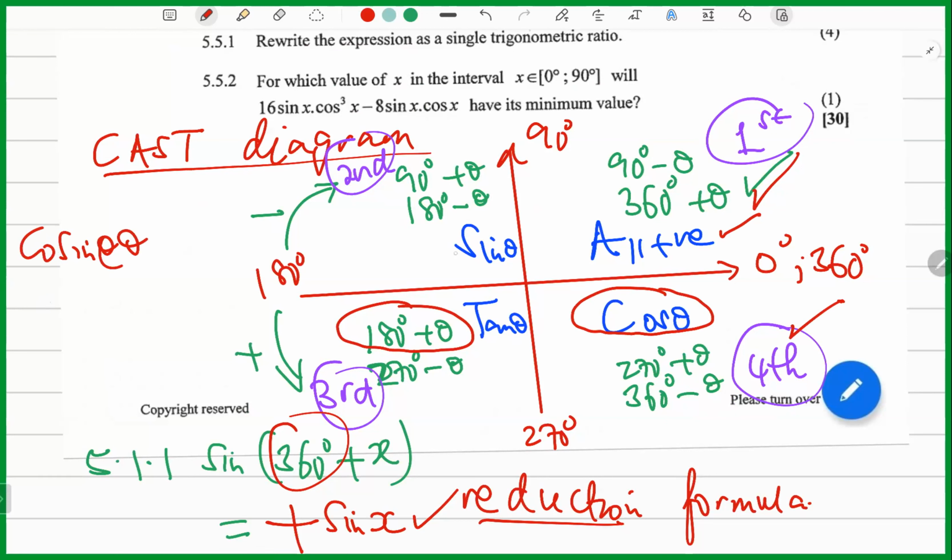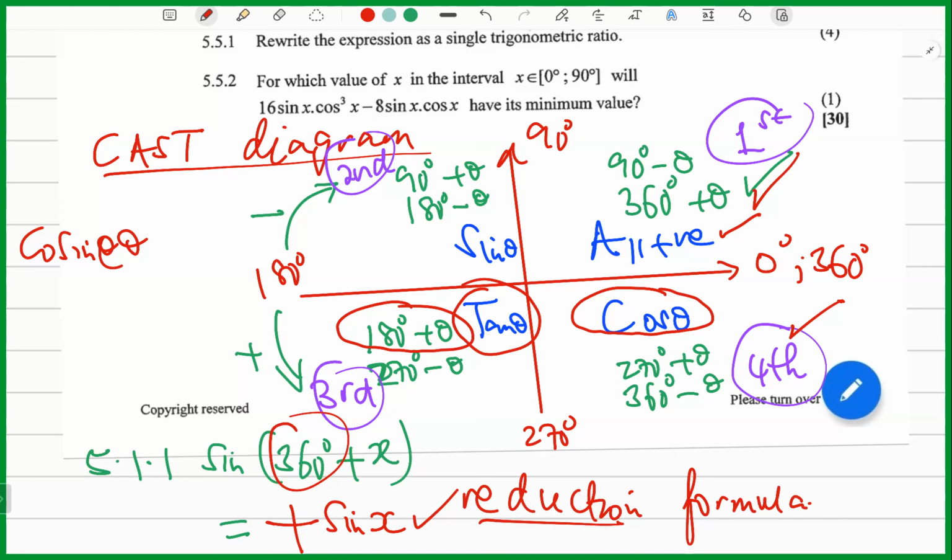What about in quadrant 2? Negative. What about in quadrant 3? Tan belongs to quadrant 3, isn't it? Yes. So what about cos in the third quadrant, is it negative or positive?